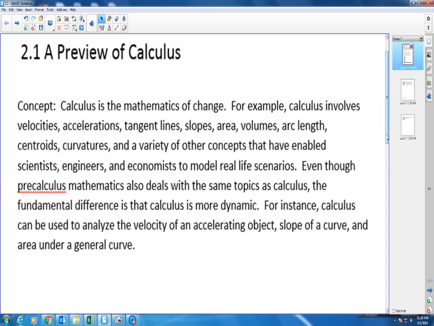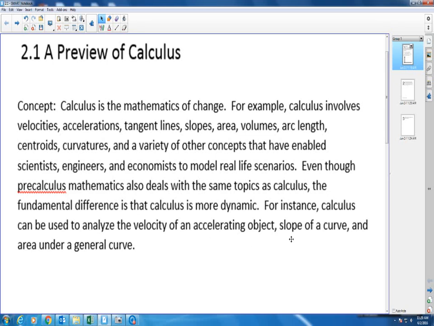Now, a lot of times we see some of these same types of problems in pre-calculus mathematics. The biggest fundamental difference is that calculus is a lot more dynamic in dealing with these problems. For example, we can use calculus to analyze the velocity of an accelerating object, or the slope of a curve.